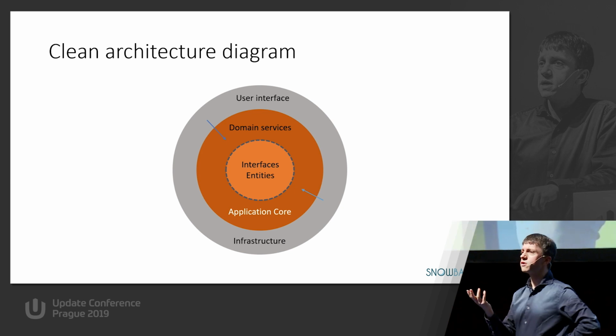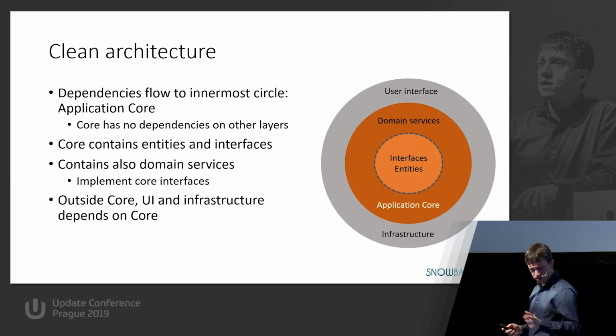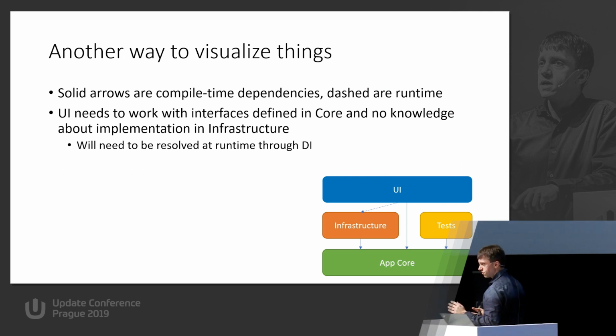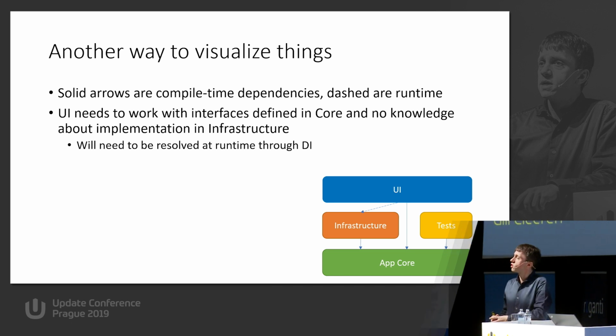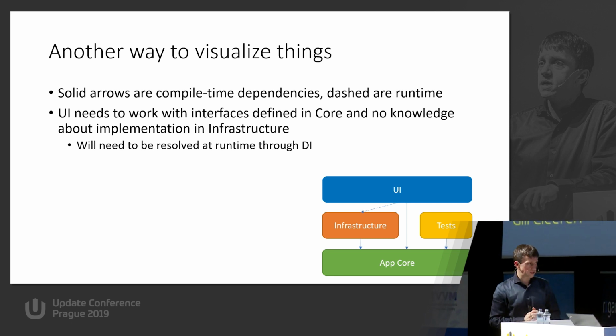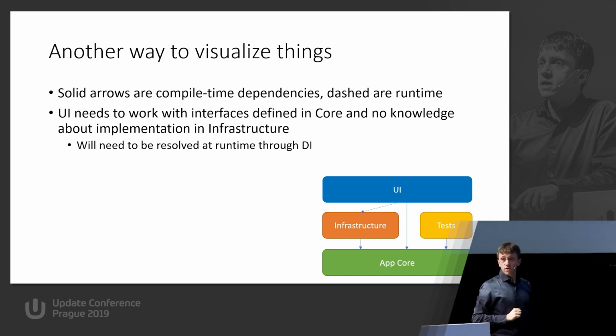So we're going to turn dependencies around. You may be thinking, how am I going to apply that? Well, I'm going to show you in just a minute. If that circular thing is confusing you a little bit, this is actually the flattened circular thing, more or less, to give you a more comparable view compared to the typical layered architecture. So what you now see is that at the very bottom is your app core.